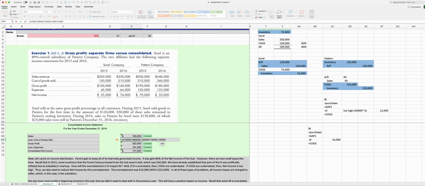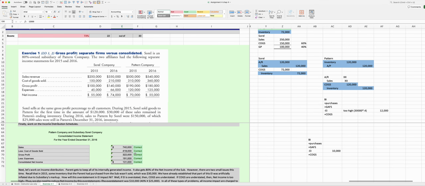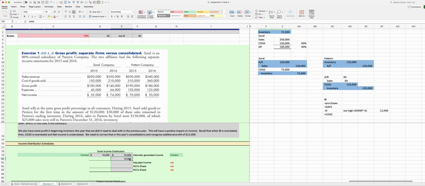Anytime I increase cost of goods sold, that's a detriment to the net income, and anytime I reduce cost of goods sold, that's actually a good thing for income. So we subtracted cost of goods sold 12,000. That means we had a benefit of 12,000 as far as income is concerned. So I can go ahead and add up all three of these items, and then subtract that amount to arrive at the adjusted income for the subsidiary.